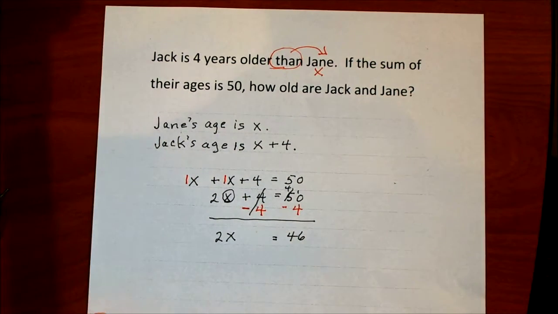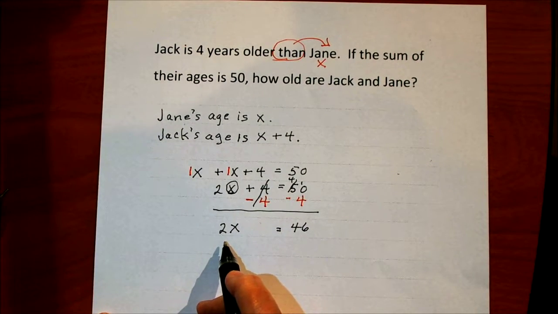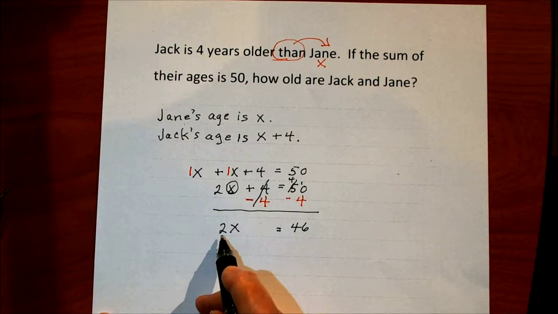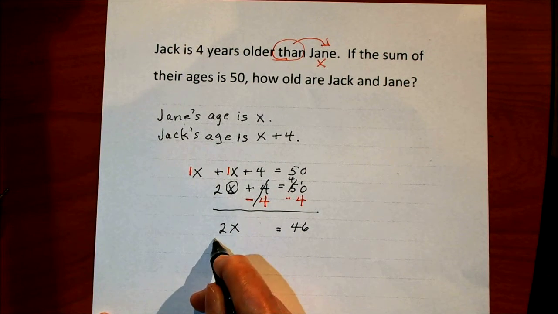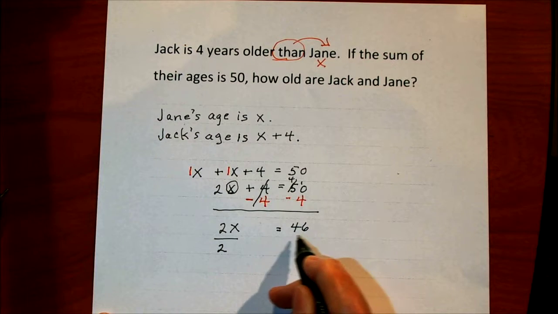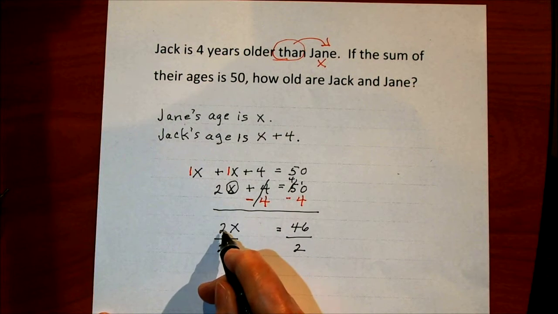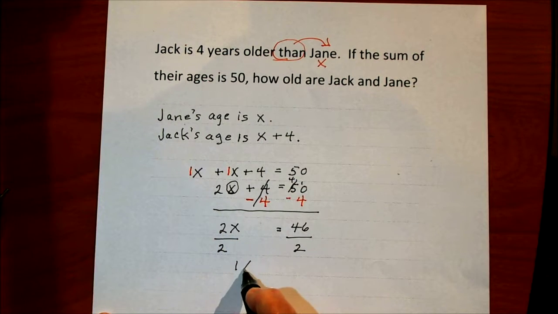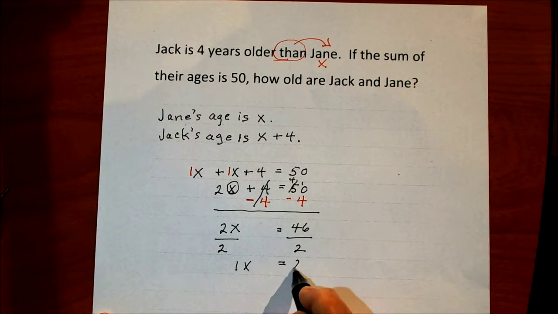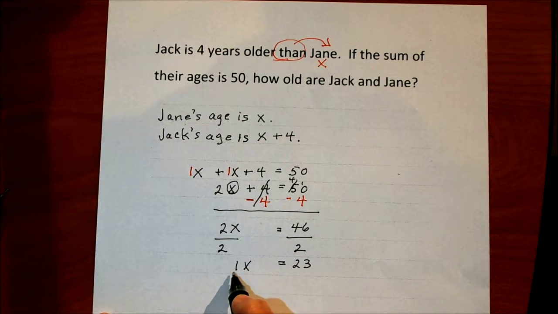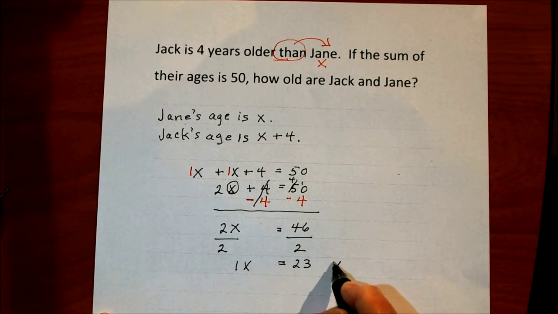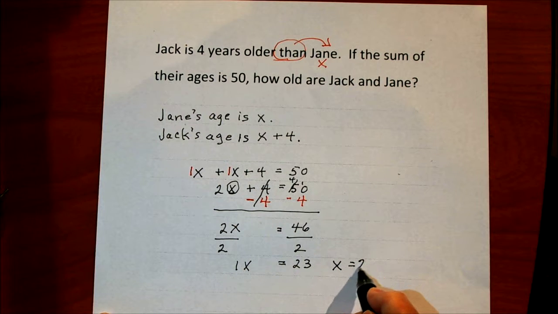This is 2 times x. The opposite of multiplying by 2 is dividing by 2, and on both sides to keep it balanced. 2 divided by 2 is 1x equals 23. And algebra doesn't write the 1. They would simply write x equals 23. So that is Jane's age.